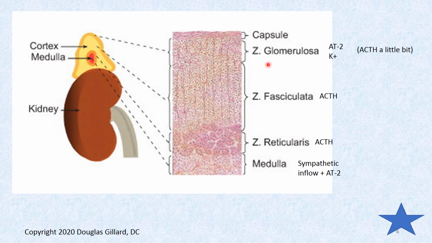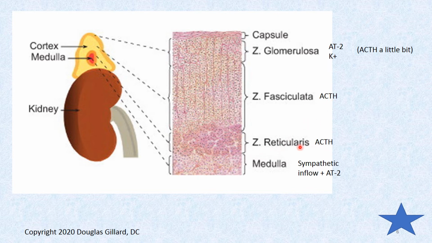The zona glomerulosa is stimulated by angiotensin 2 and increased potassium ion. What do they release? Aldosterone, right? Zona fasciculata releases cortisol, stimulated by ACTH only, normally.